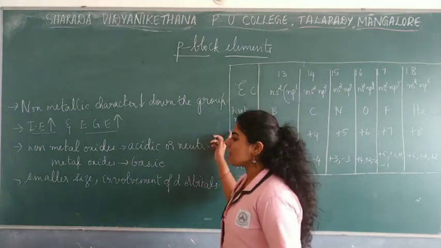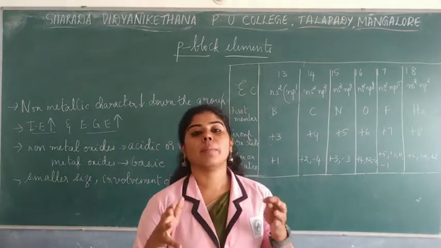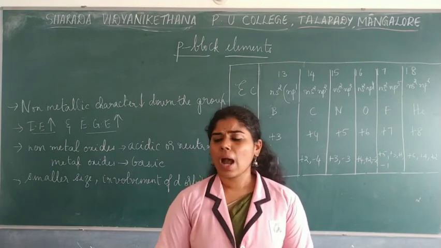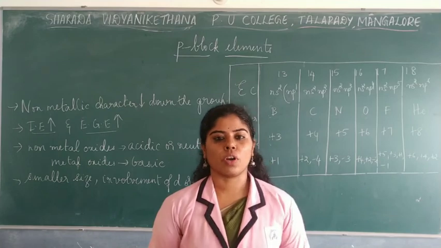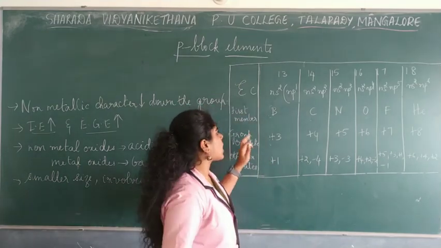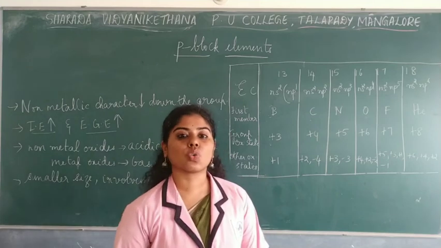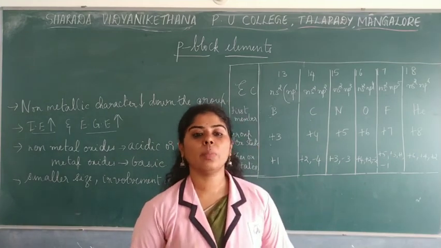In the case of these first elements, there is no involvement of d orbitals, and because of this, bond formation is restricted, up to number 4. The coordination number would be up to 4. So this is the reason why the first member of each of these groups would have some other properties compared to the rest of the group elements.